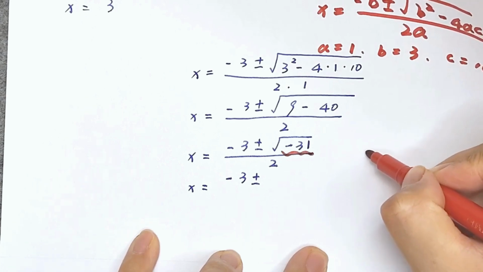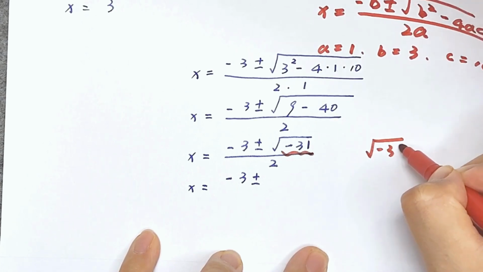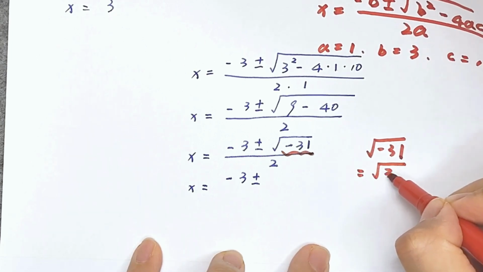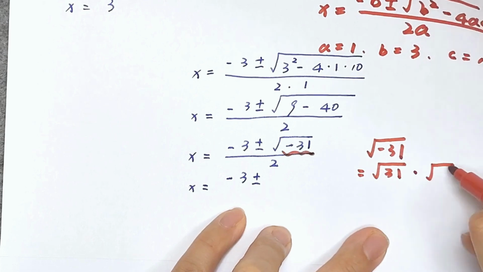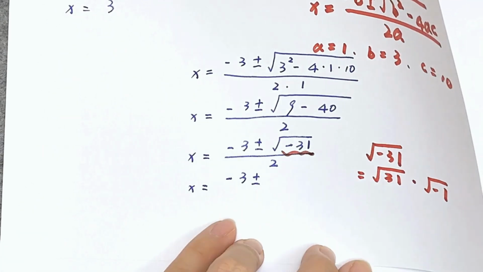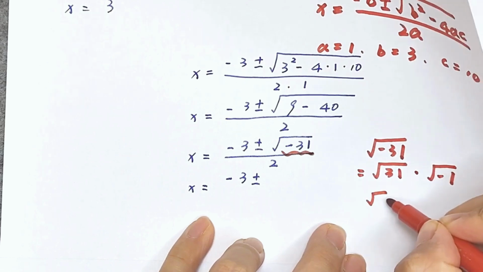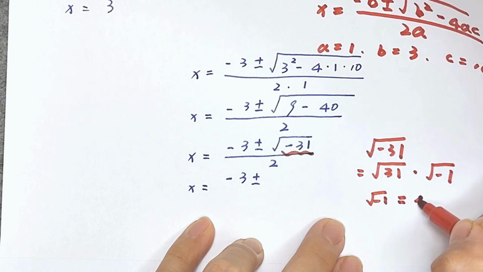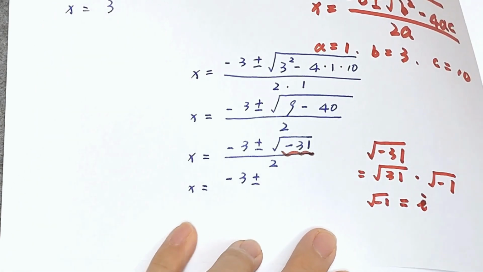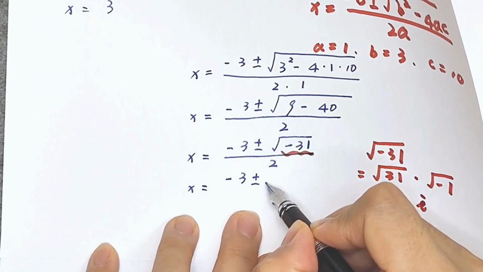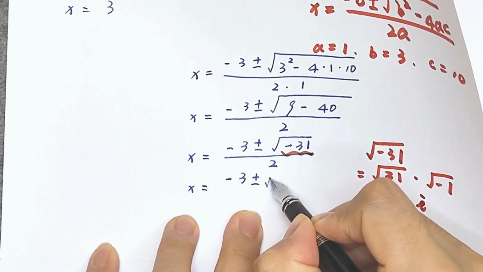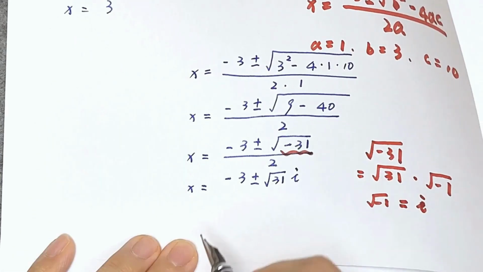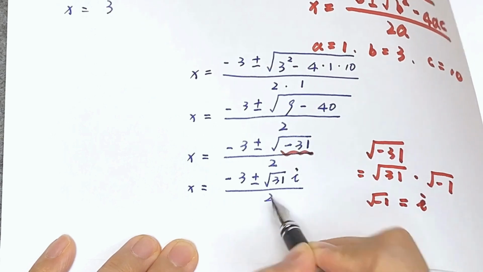this square root of negative 31 is the same as square root of 31 times square root of negative 1, and square root of negative 1 is equal to i. So in here, plus or minus square root of 31 i over 2.